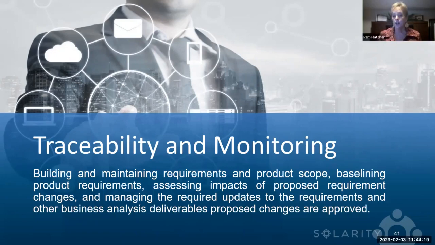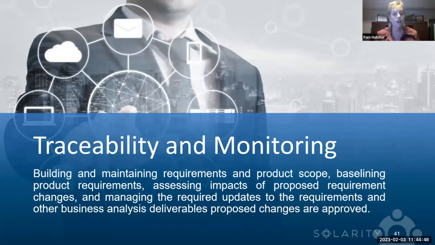Traceability and monitoring. So this is our fifth business analysis knowledge area. And what we're trying to do here, really: have we built and maintained the requirements and the product scope for whatever was drawn out at the beginning? Are the product requirements baselined? Was there any of that baseline? Have proposed requirement changes been assessed for any impacts?